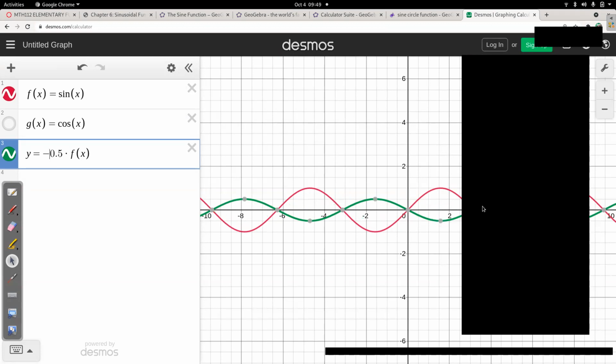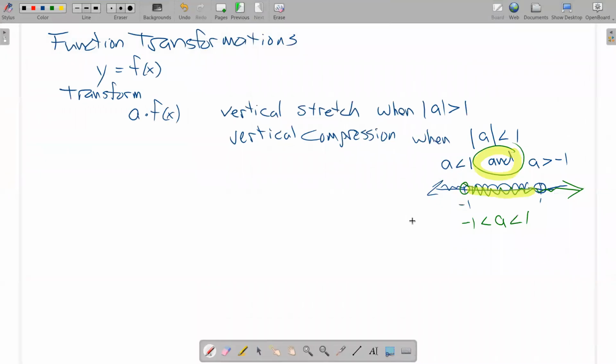Now the negative has an extra thing that happens. If you multiply a number by a negative, that changes positives here to negatives. It changes negatives here to positives. So that's another case we've got in terms of transformations. And again, this should be a review of your, hopefully, your last math course.